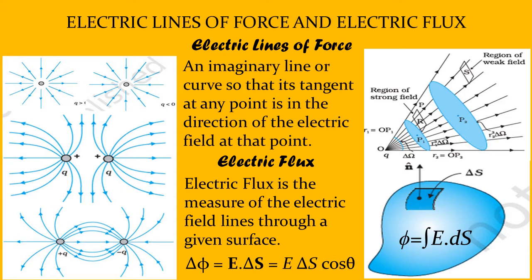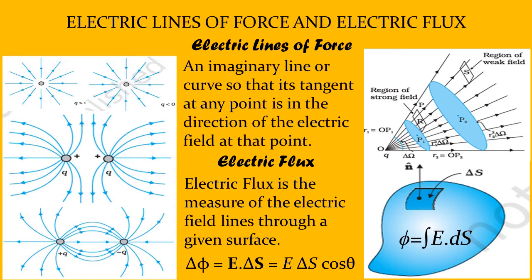If the electrical field makes an angle theta with the area vector, then the flux is given by E delta S cos theta, where theta is the angle between the area vector and the electrical field vector.